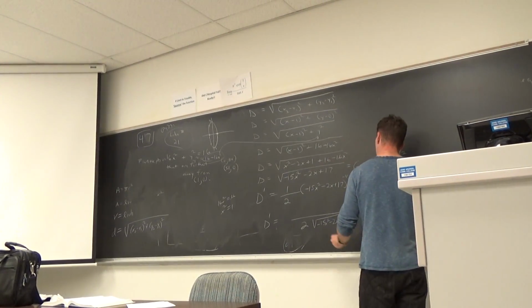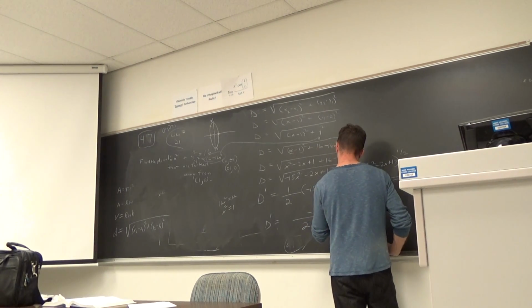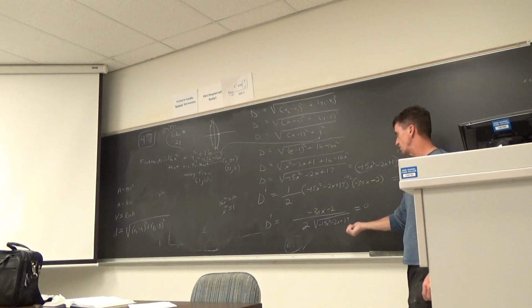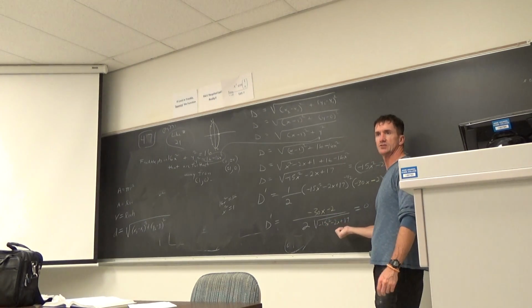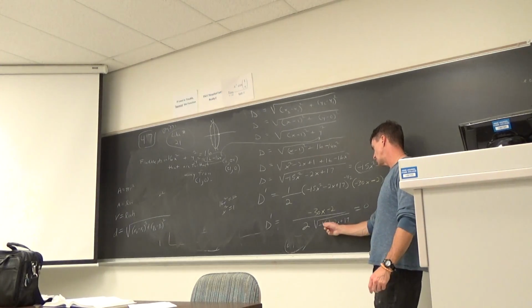And what's up in the numerator? Negative 30x minus 2. Usually with optimization, there's only one possible answer when you get to the end, so you don't have to even check stuff. Good news, everyone. Should I check that denominator?